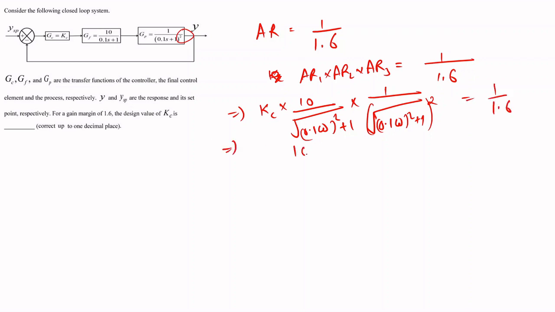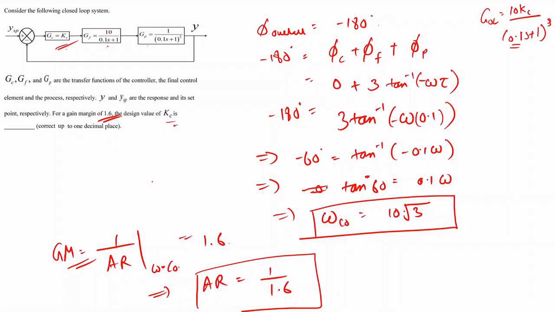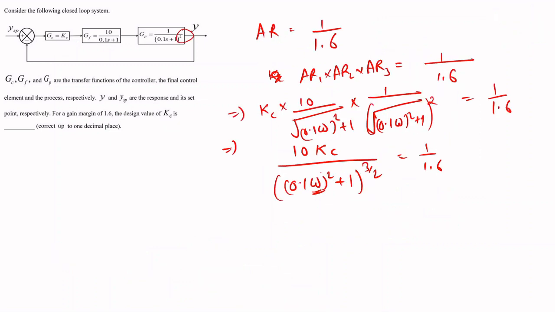Ultimately this will become 10 Kc upon ((0.1 omega) square plus 1) raised to 3 by 2, is equal to 1 upon 1.6. Now this omega value we have already calculated as 10 root 3, so we can replace it here.